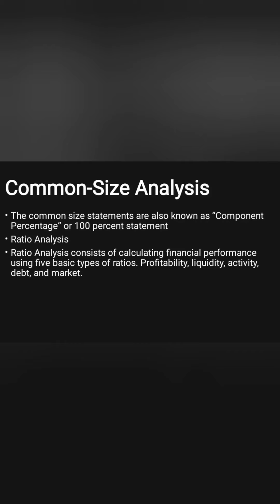Coming to the next slide, the common size analysis. Common size analysis means it's a percentage statement. The balance sheet total is equalized to 100, and all the items will be calculated in the form of percentages. For example, how much the fixed assets are, what is the percentage compared with the total value or total of the balance sheet.